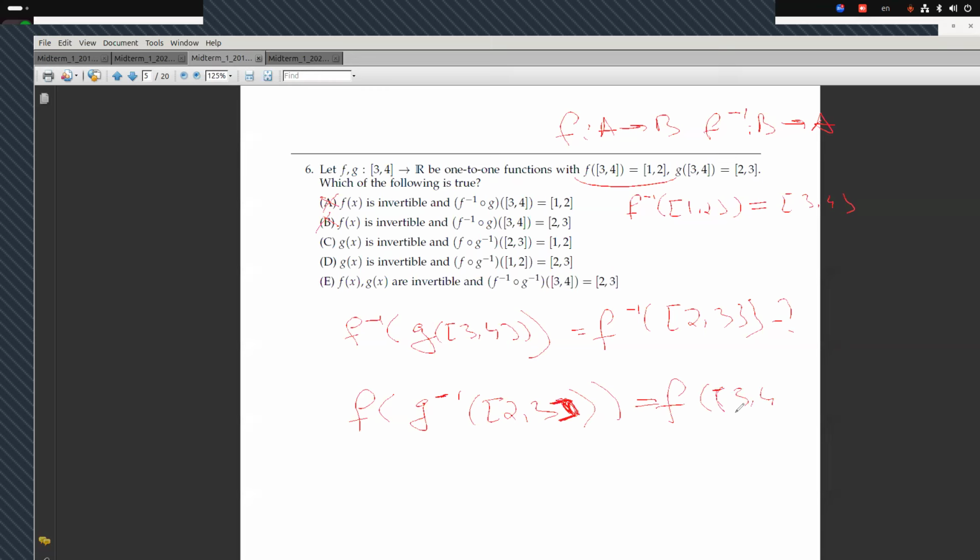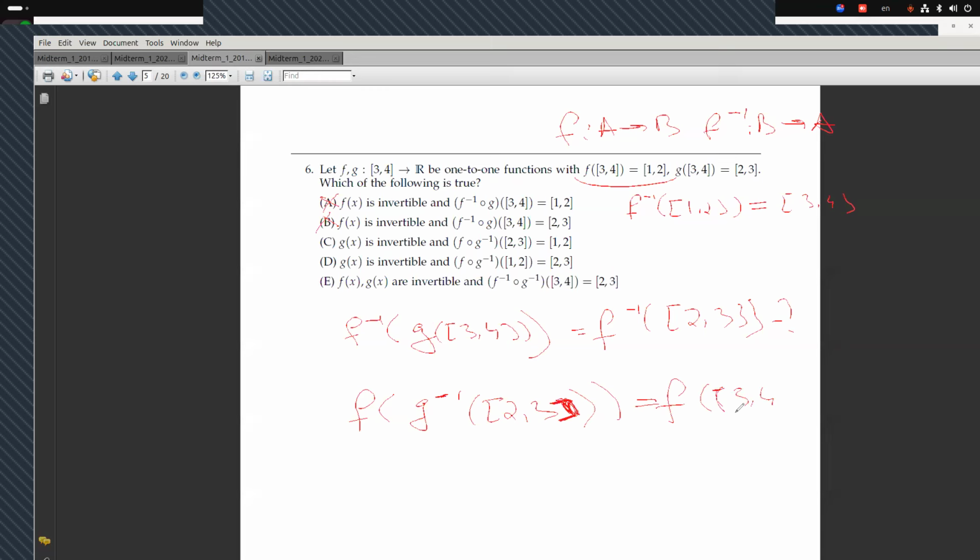D is not correct again, because G minus 1 at 1/2 is not defined. G minus 1 is defined only on the 2 to 3 interval. Same here, because G minus 1 is not defined from 3 to 4. It is once again defined only from 2 to 3. So the correct answer is E.